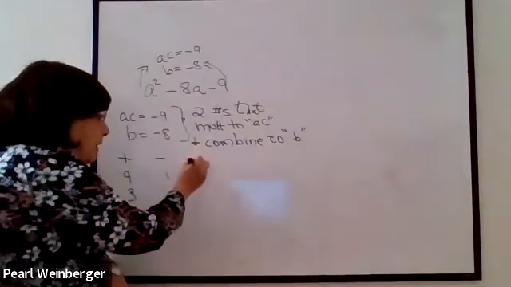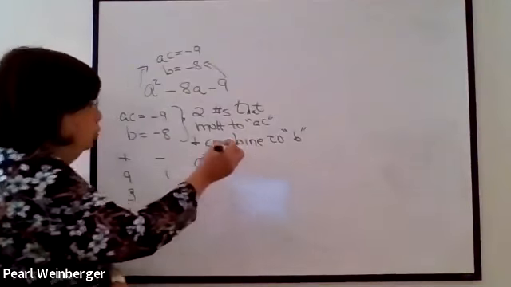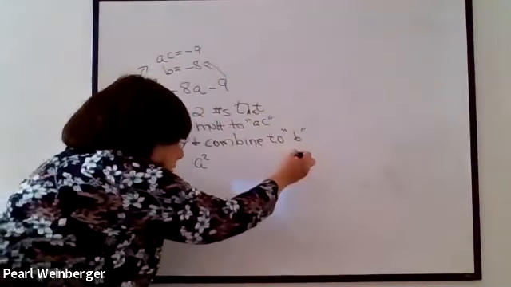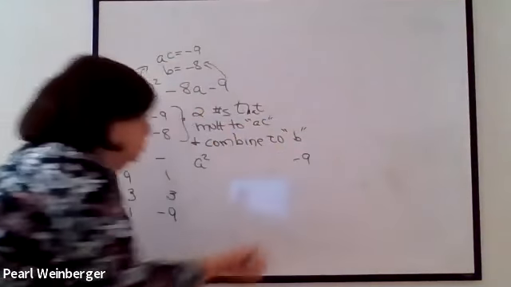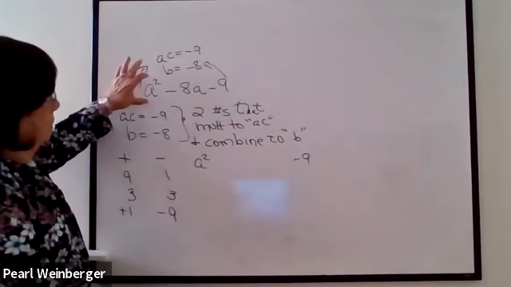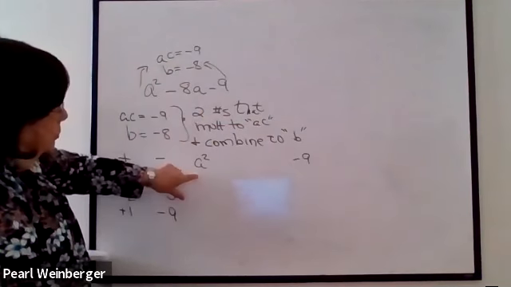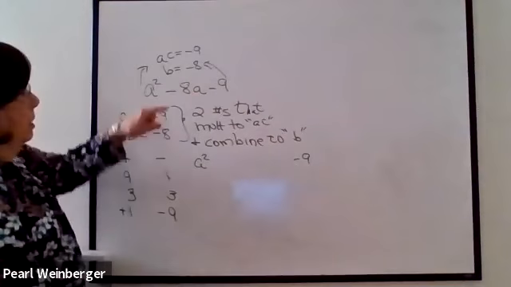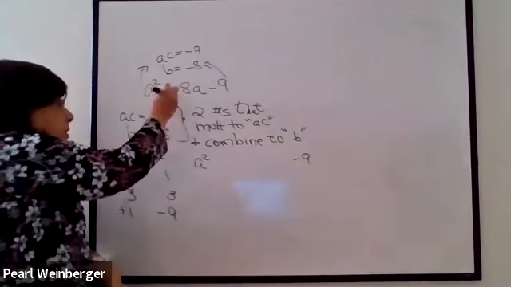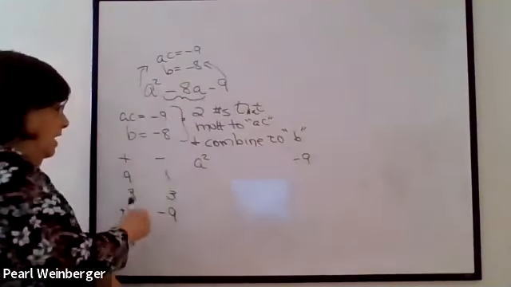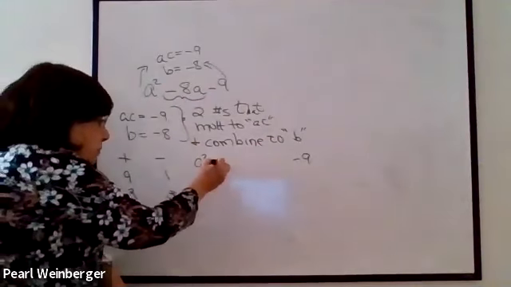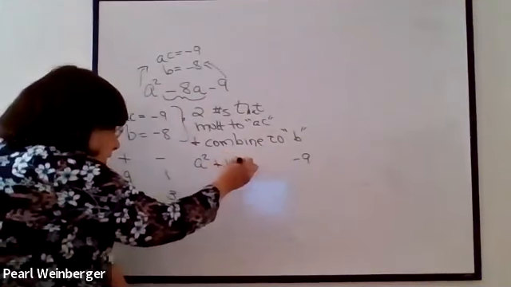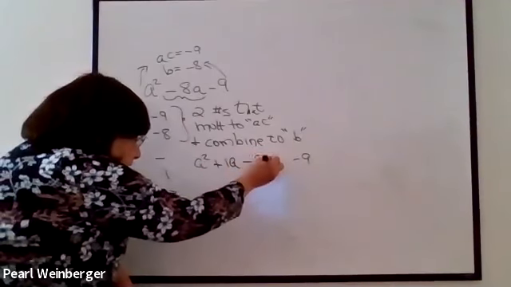Once you have that, you rewrite your trinomial into a 4-term expression. You leave the first term alone, the a squared. You leave the last term alone, the negative 9. But the middle term, the negative a, you replace by 1a and negative 9a.